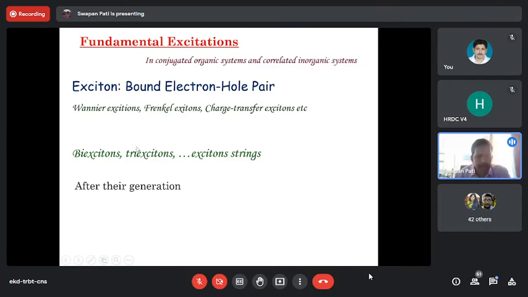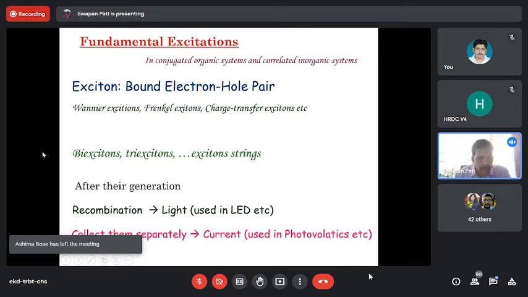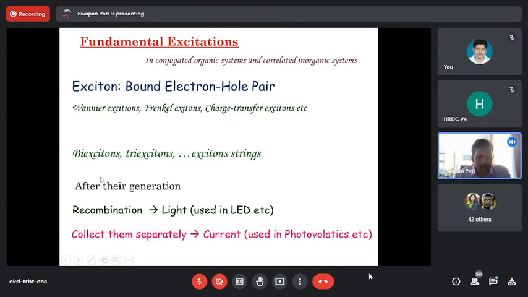After the excitonic generation, if the electron and hole recombine, you get light, used in light emitting diode applications, OLED, or LED for inorganic systems. Or if you collect this electron and hole at the anode and cathode respectively, you get current, used in photovoltaics.